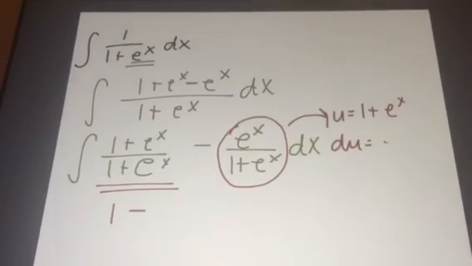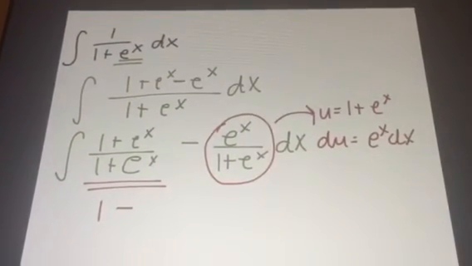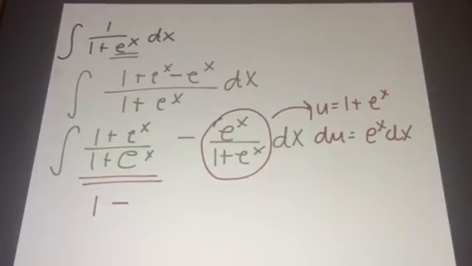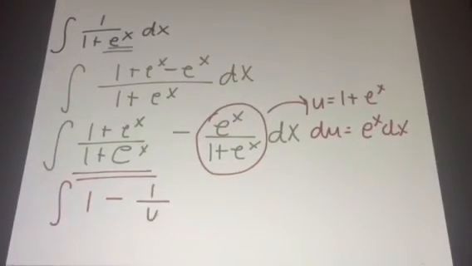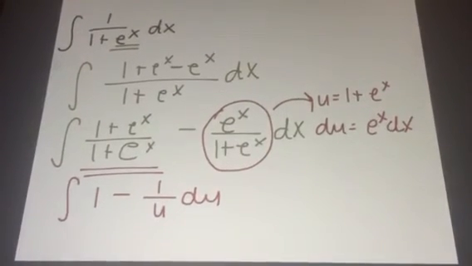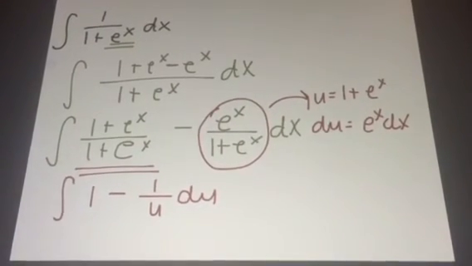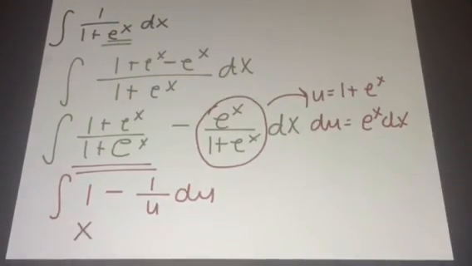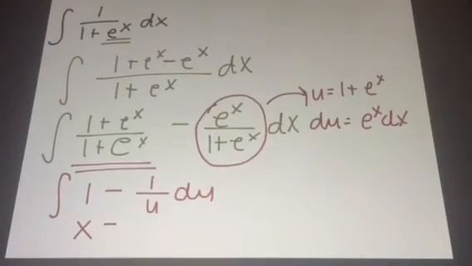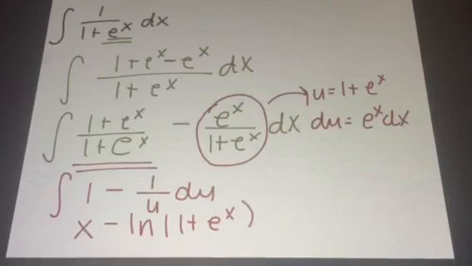Our derivative of this is just e to the x dx, which is already part of our function. When we rewrite it, it would then be 1 over u du, and now we could integrate it. But we'll integrate it in terms of x. So the integral of 1 will be x minus 1 over u is ln of u, but u in this case is 1 plus e to the x, plus c.